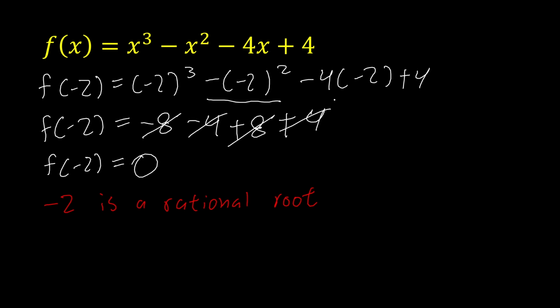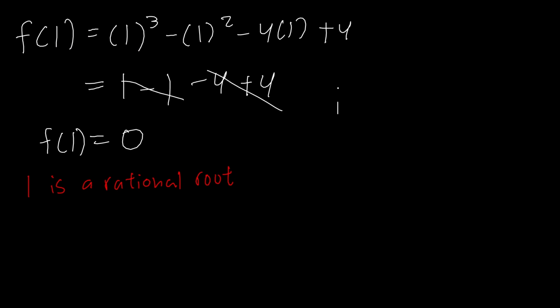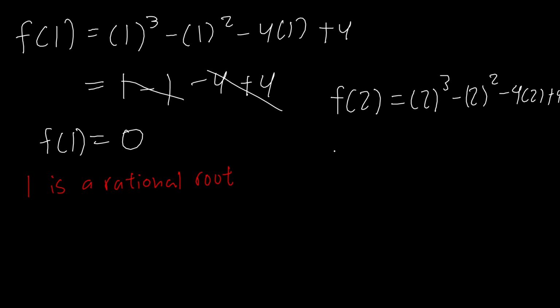So let's try 2. Okay, so it got a little squishy here, but that is fine. So 2 cubed, that is 8. Negative 2 squared, that is negative 4. This is negative 8, and that is positive 4.